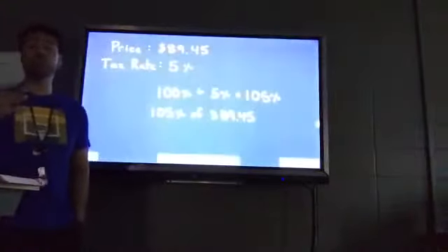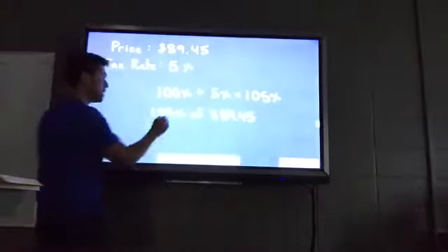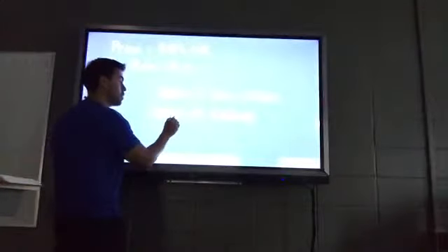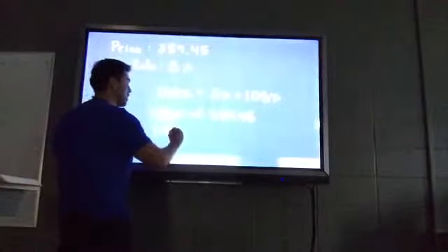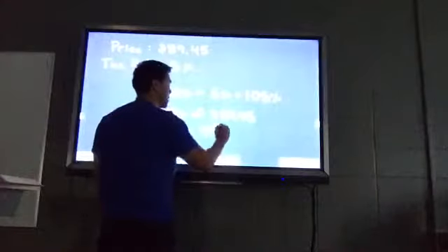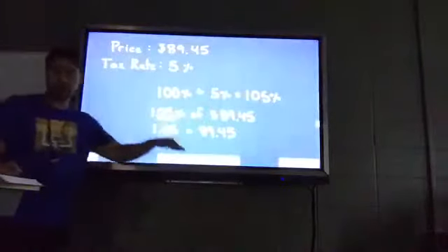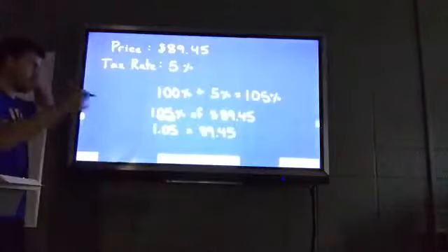So what do I do with those two numbers? I'm going to multiply them. So I'm going to, again, convert this to a decimal, 1, 2. So this becomes 1.05. And I'm going to multiply it by my $89.45. So I'm paying over 100% of that cost because I have to pay tax.